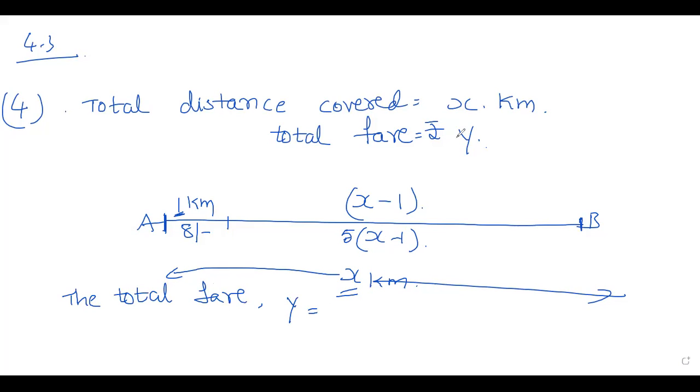y is equal to, we had taken as y, that is y is equal to rupees 8 plus first kilometer is 8 rupees. Next, for the remaining distance, the equation we wrote is 5 into x minus 1, that is equal to 8 plus 5 into x is 5x minus 5, that is equal to 5x, 8 minus 5 is 3.